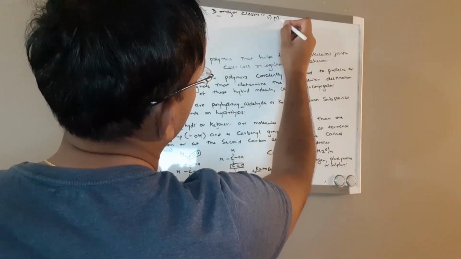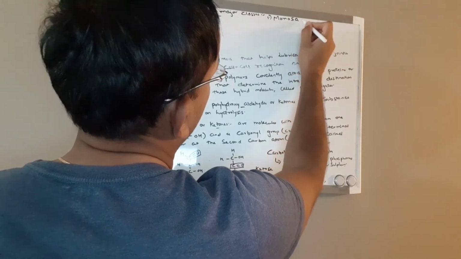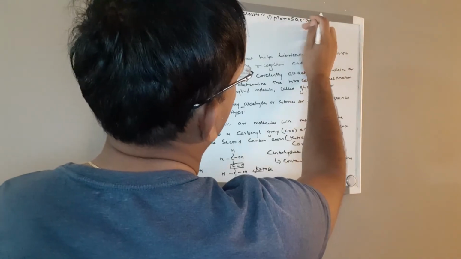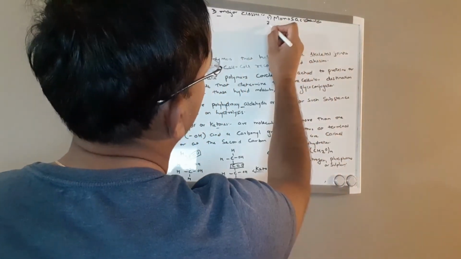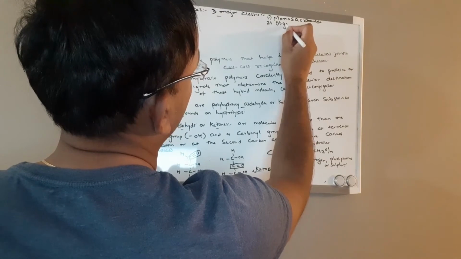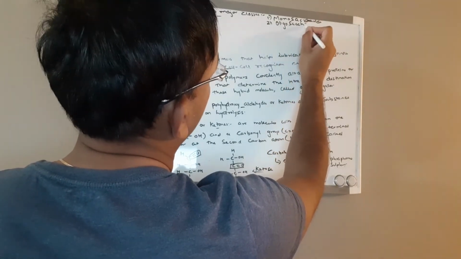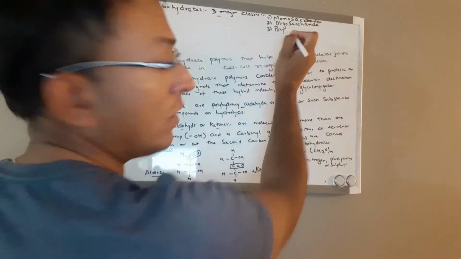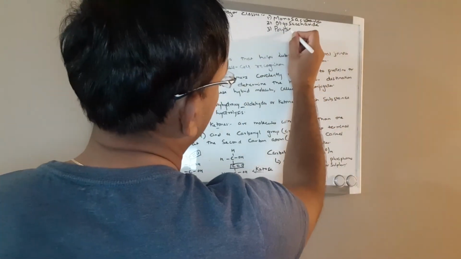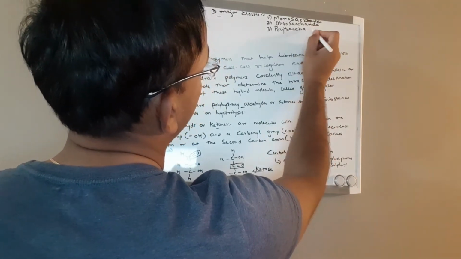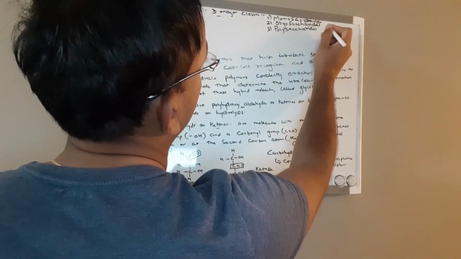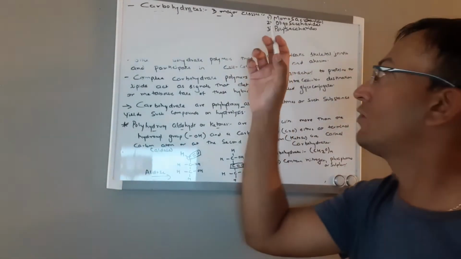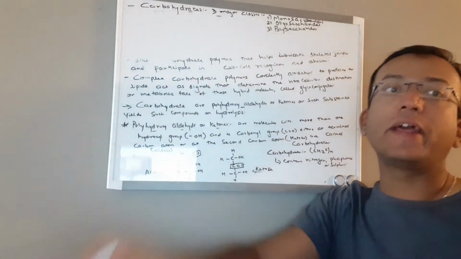Number one is monosaccharide, right? Number two is oligosaccharide, and three is polysaccharides. Right, so there are three major classes of carbohydrates: monosaccharide, oligosaccharide, and polysaccharide.